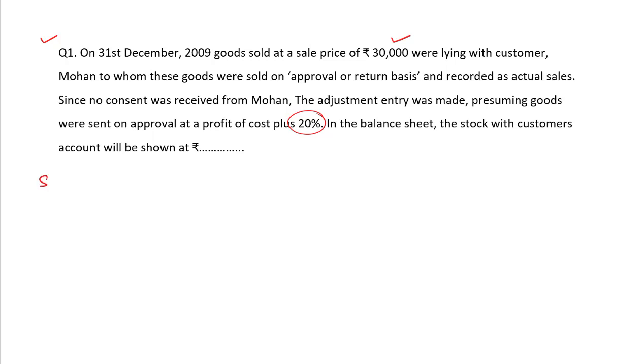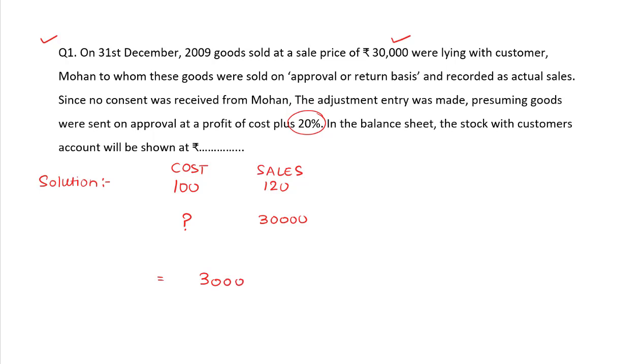Solution. Cost is 100, selling price is 120, profit is 20. This is cost, this is sales. Over here, the sale value is 30,000. What would be the cost?